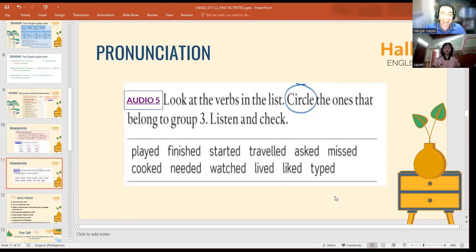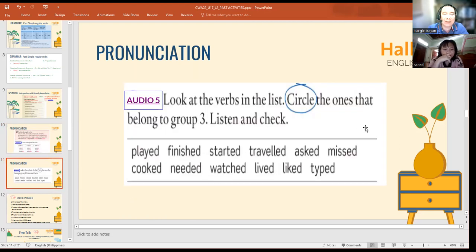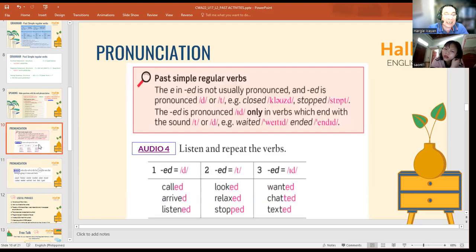So which do you think? Actually, there are 2 words in here that belong to group 3, pronounced as id.